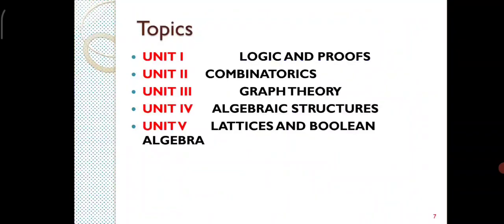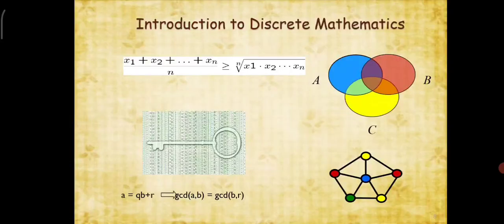What are the topics we have in our discrete mathematics? Logic and proofs, combinatorics, graph theory, algebraic structures, lattice and Boolean algebra. These topics we put as a diagram. In logic and proofs, we have the mathematical induction method.